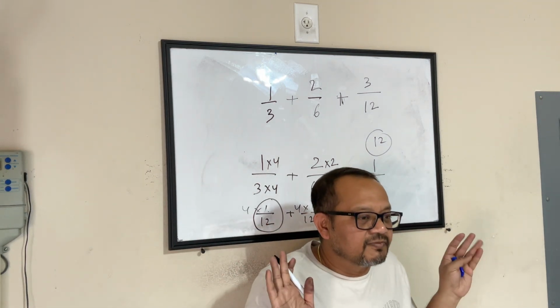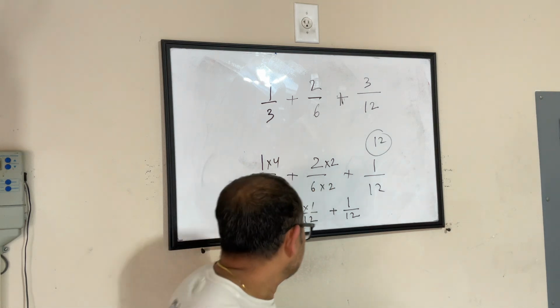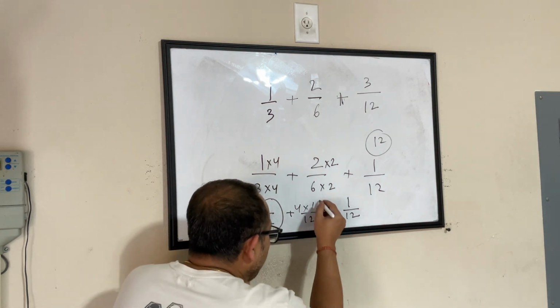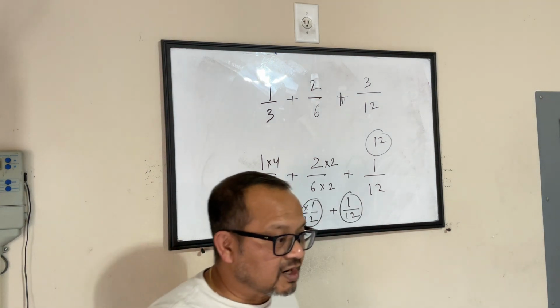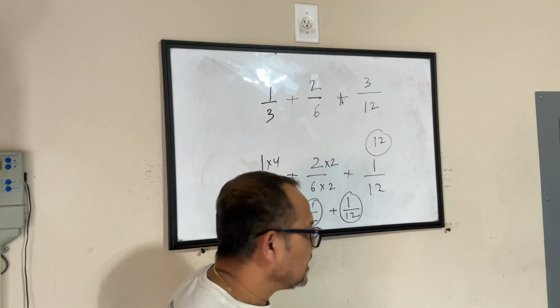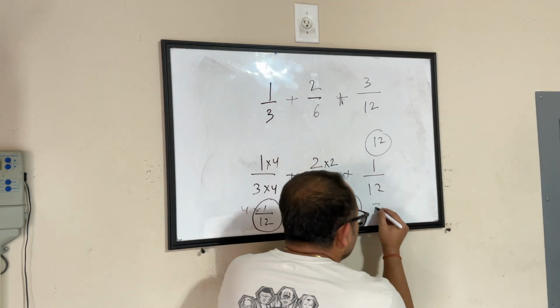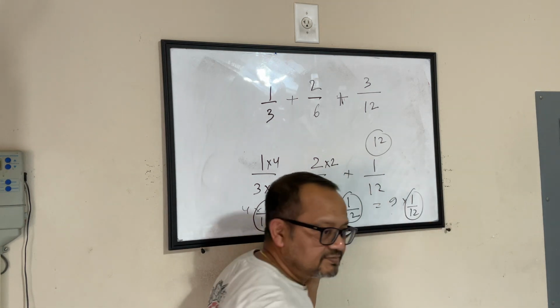I know Halloween is way too far, but 1 by 12 is a pumpkin. So I have 4 pumpkins here, 4 pumpkins here, and 1 pumpkin here. How many pumpkins are we talking about? 4 plus 4 plus 1, 9 pumpkins. My pumpkin is 1 by 12.